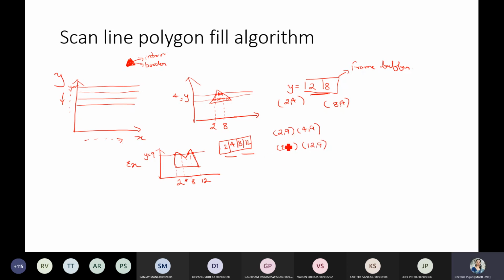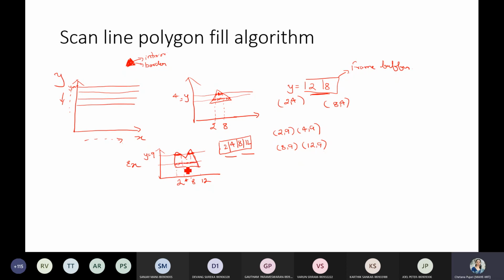We are going to sort it in an order. It's already in order. It's 2, 4, 8, and 12, right? So between 2, 9 and 4, 9, you are going to fill the colors. And then between 8, 9 and 12, 9, you will fill color. Fine. So like this, if you have one more line and 2 points, then you're going to fill over here.